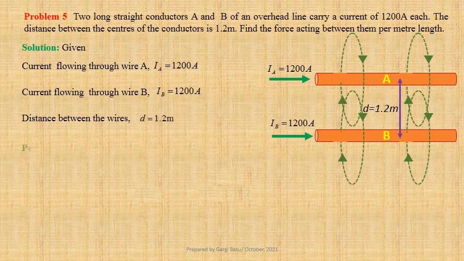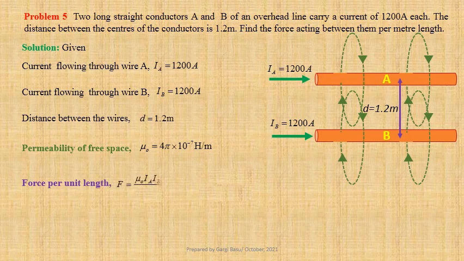Value of permeability of free space or air, mu 0 equals 4 pi into 10 to the power minus 7 Henry per meter. Expression for force per unit length: F equals mu 0 times Ia into Ib divided by 2 pi times D.